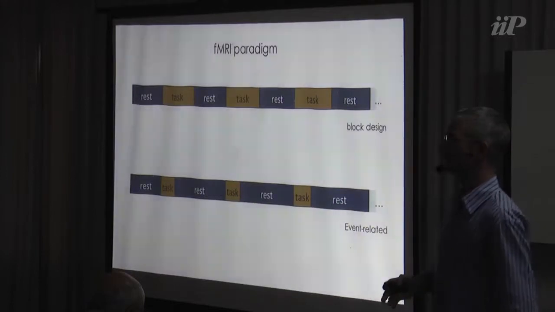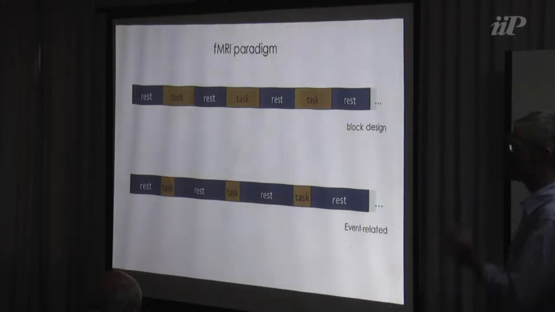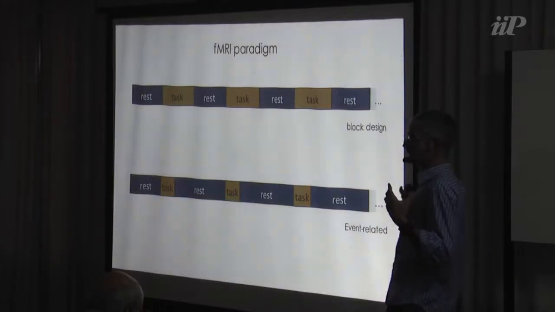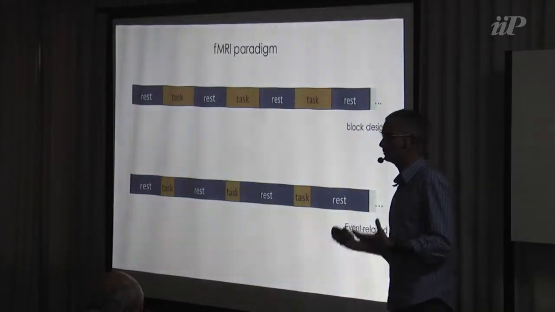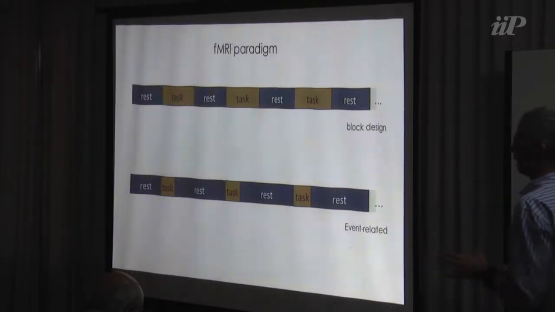What is the price you pay? You pay the price in temporal resolution. You're not able to detect different events that happen within a single task. It's a 30-second task, and the idea is that the individual is doing the same thing throughout these 30 seconds.